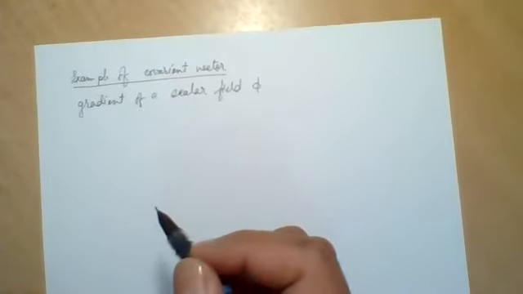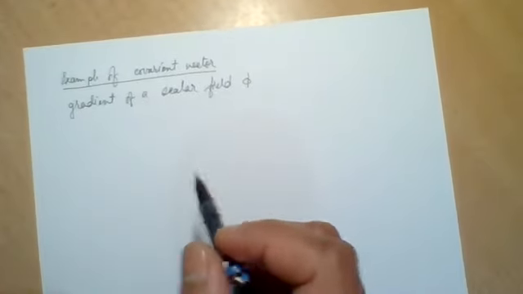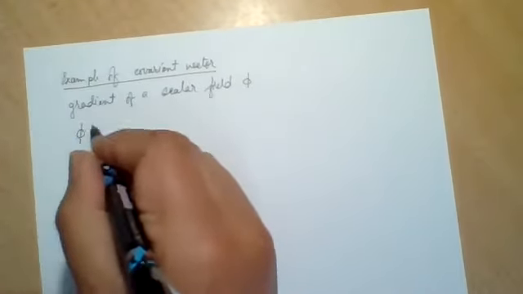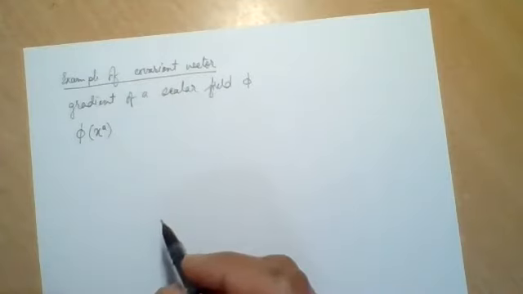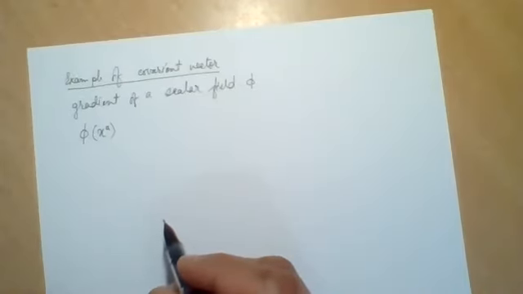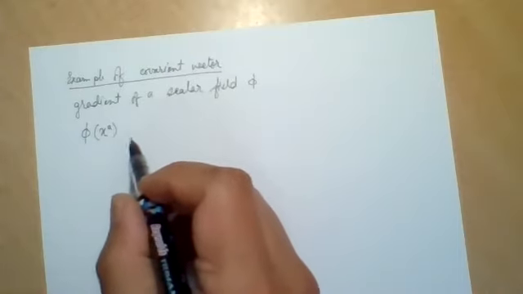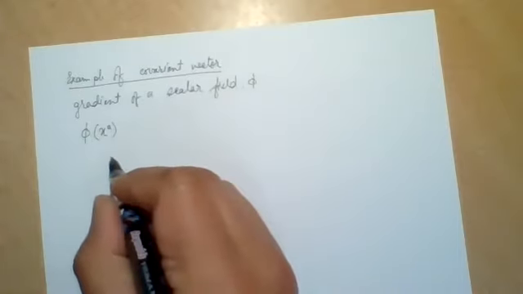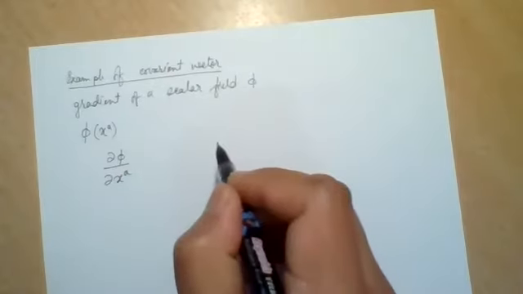In any coordinate system, this scalar field phi can be regarded as a function of the coordinates xa. And we can form partial derivatives of this phi with respect to the n coordinates, the partial derivatives del phi by del xa.